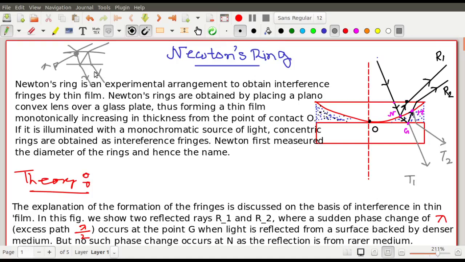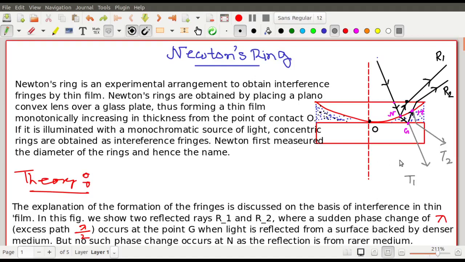Both of the transmitted rays, none of them, suffered any change, so this is only transmission, and in this ray there are reflections, but this one is from the rarer medium and this one is also from the rarer medium, because in between you have the denser medium. So in the thin film experiment you have seen that the transmitted ray did not suffer any phase change, and that is why that was a normal treatment.